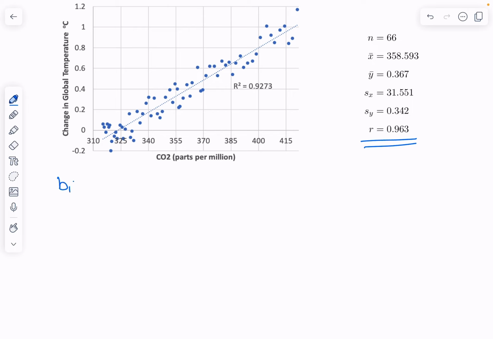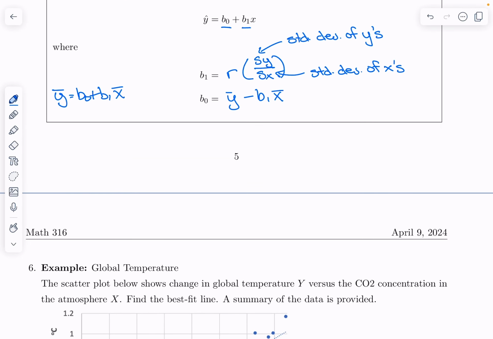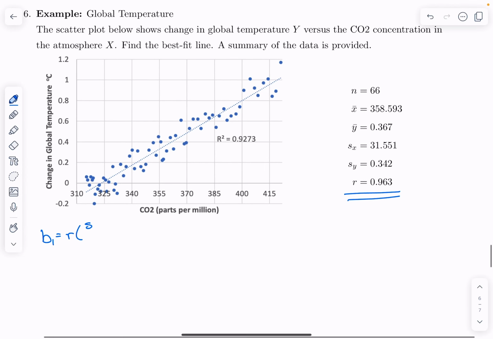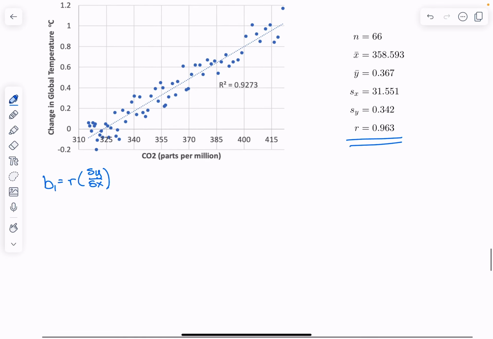The slope is going to be r times, let me just double check the formula, the standard deviation of the y's divided by the standard deviation of the x's. And that's going to equal, in this case, r we determined earlier was 0.693.